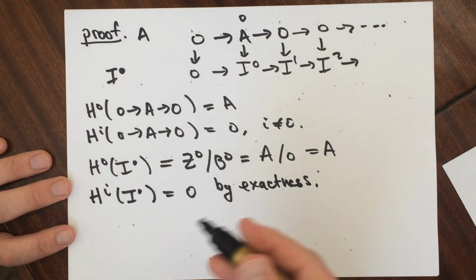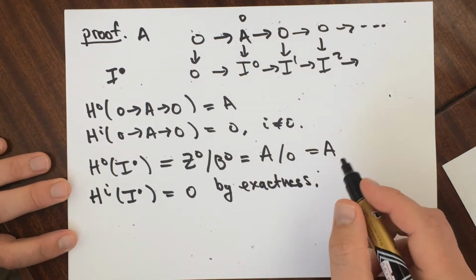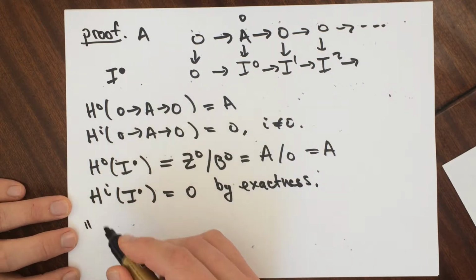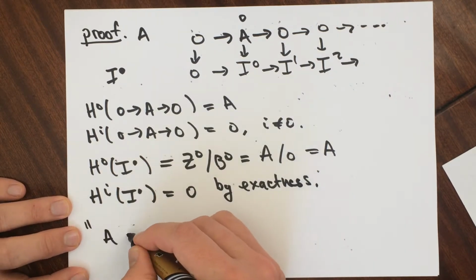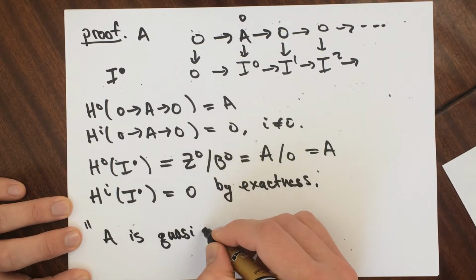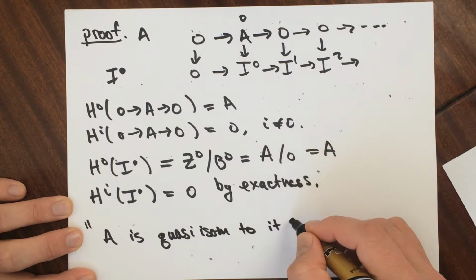So we're using our description of the injective resolution that we had before. So again, we conclude that A is quasi-isomorphic to its injective resolution.